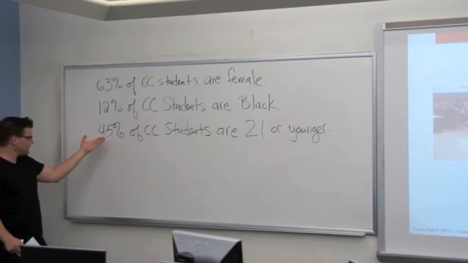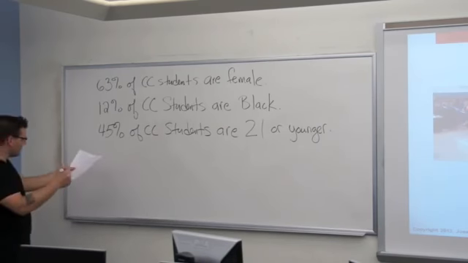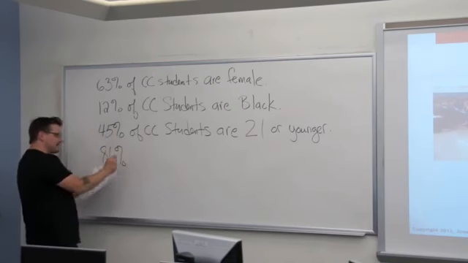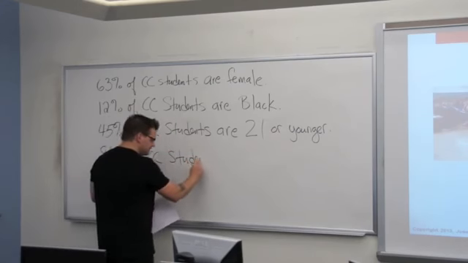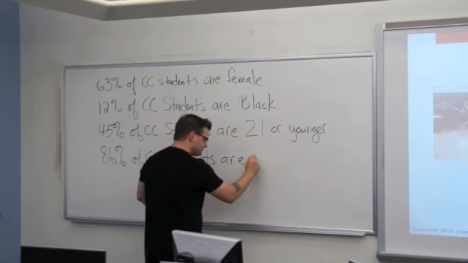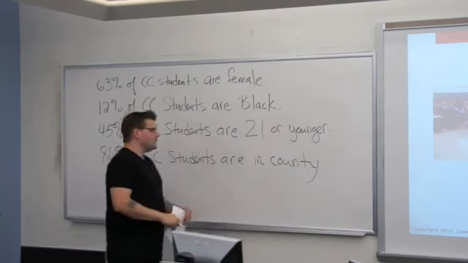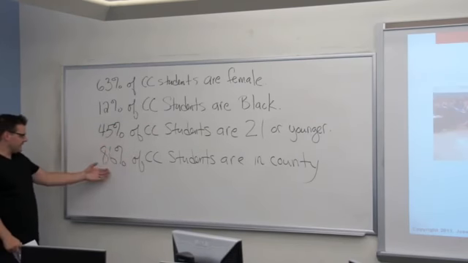I guess that leaves 55% 22 or above. I looked up one more and then you get the idea here. 86% of Cecil College students are in-county. I'd like my sample to be 86% in-county. I guess that leaves 14% out of county.